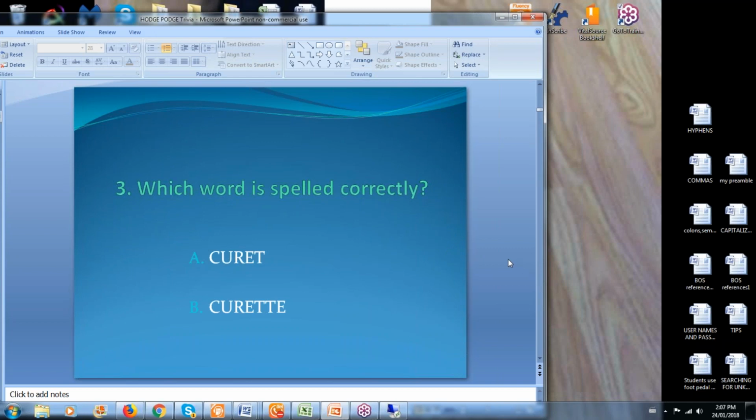A, curette, C-U-R-E-T, or B, curette, C-U-R-E-T-T-E. Remember, give a minute. Don't just write the answer in there. Give everybody a chance to think about it or write it down on a piece of paper.